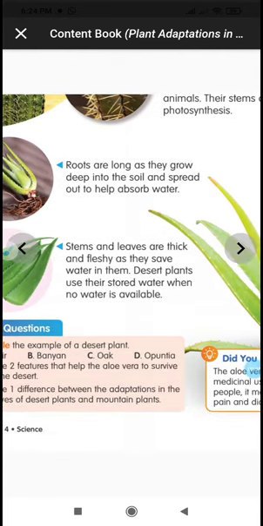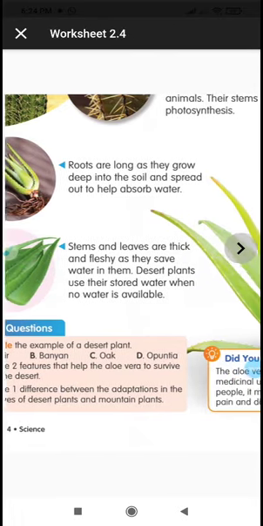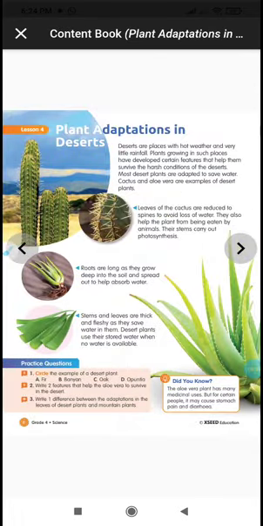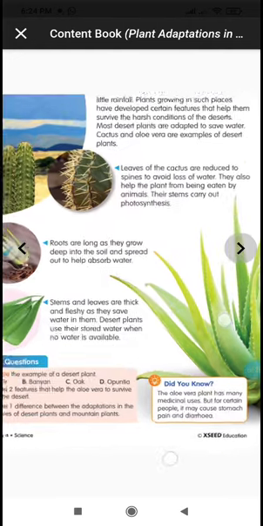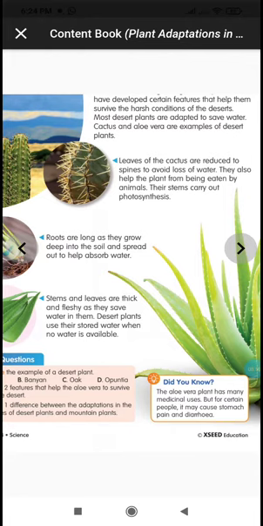Some plant names are given here. You have to identify which plants can grow in desert area. You just identify fir, banyan, oak and opuntia. Out of these, you need to identify which plant is a desert plant.